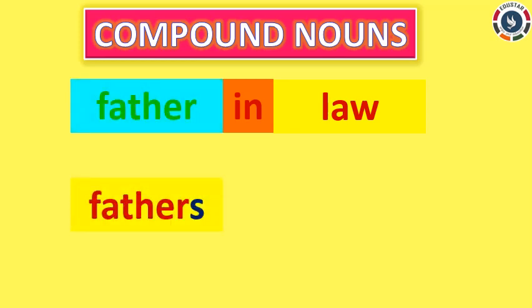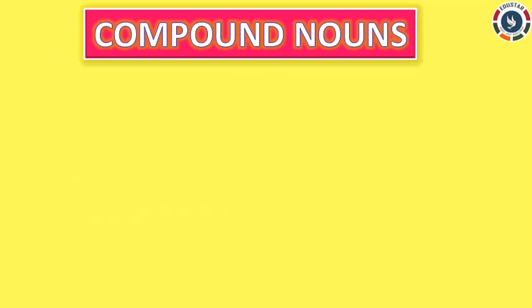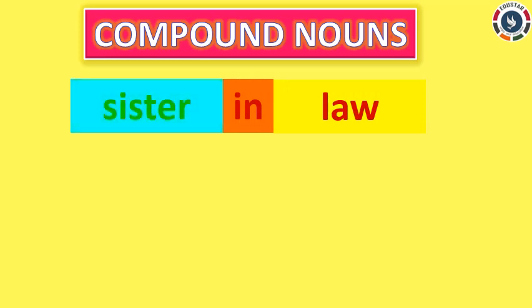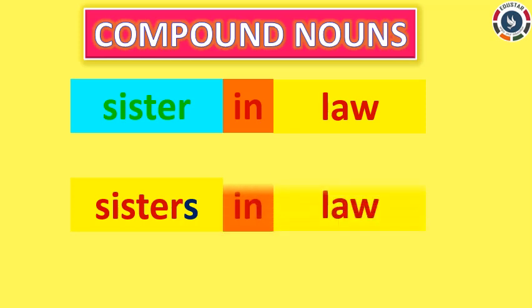Fathers. So, the plural of father-in-law is fathers-in-law. Let us take another word, sister-in-law. Here, the main noun is sister. The plural of sister is sisters. So, the plural of sister-in-law is sisters-in-law.